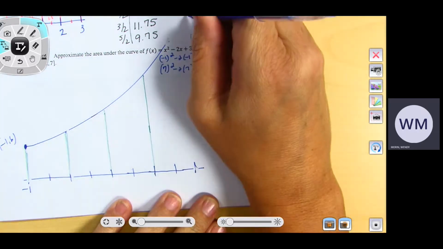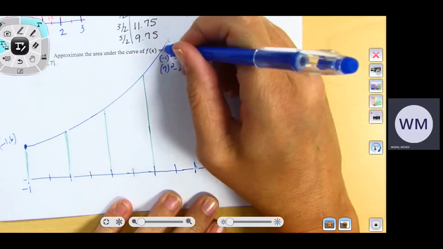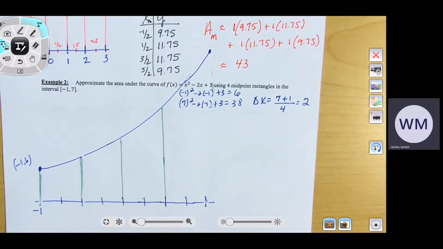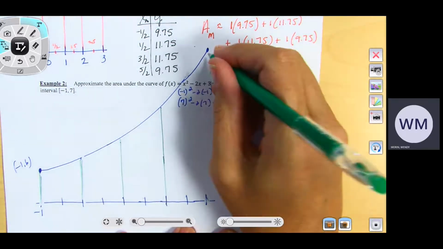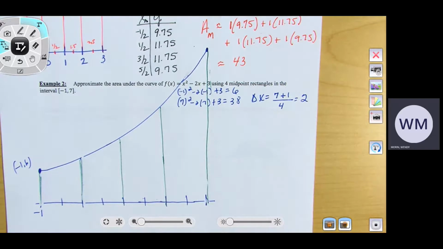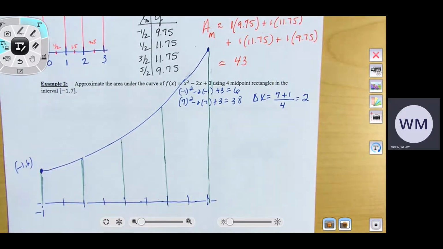Again, let's go all the way up here. I don't know why I stopped there. I suppose I could have made my graph a little bit smaller. All right, so my width is 2. 1, 2, 3, 4 rectangles with the width of 2.